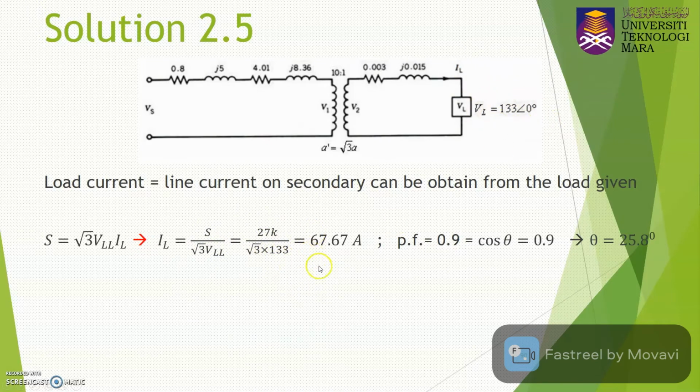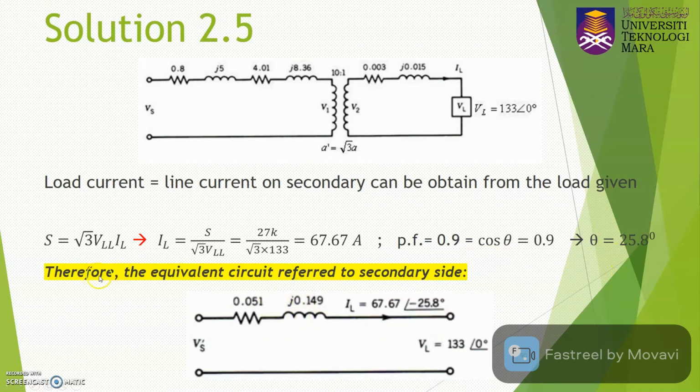So I line is equal to 67.67 ampere. The angle for IL is given by the power factor value. The power factor is 0.9, so cos theta is equal to 0.9. Using your calculator, theta is equal to 25.8. Remember, because the power factor is lagging, theta will be negative.